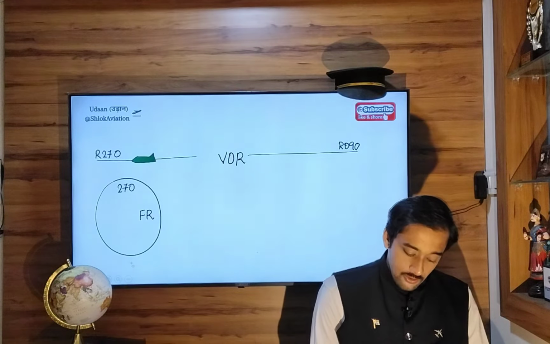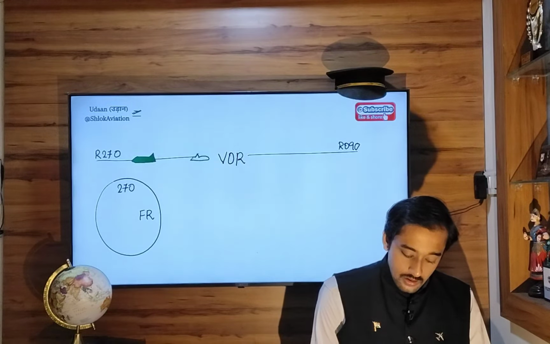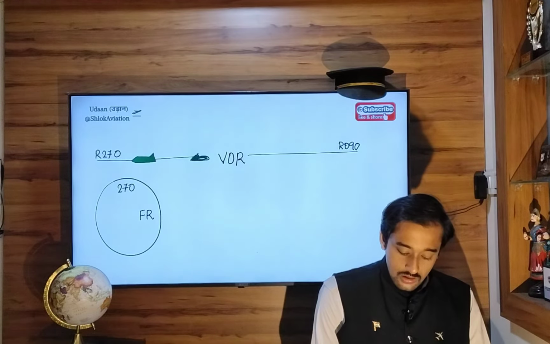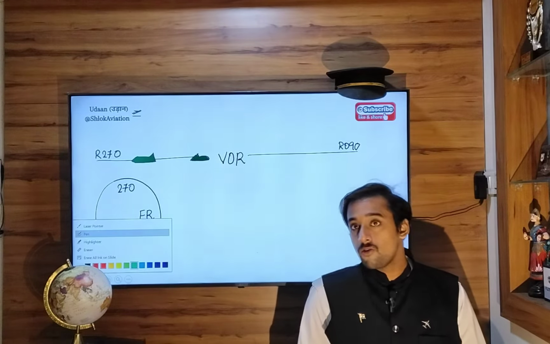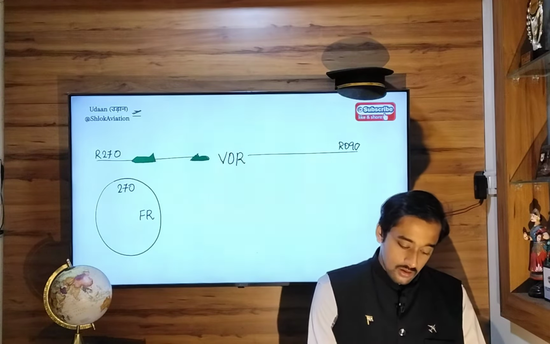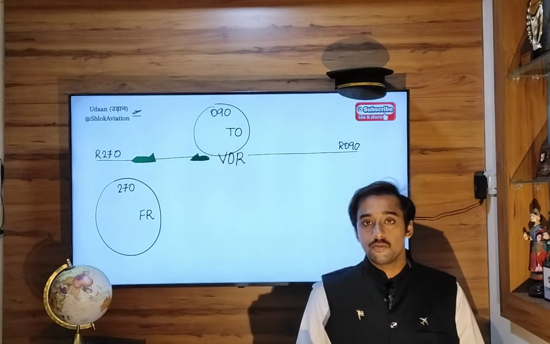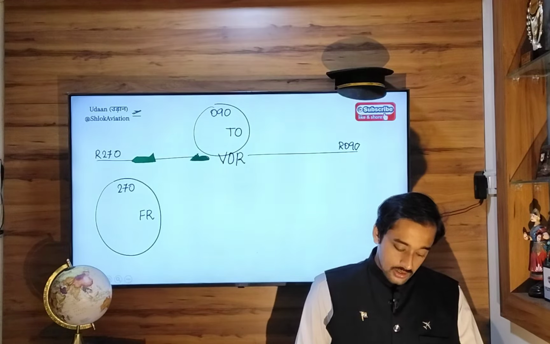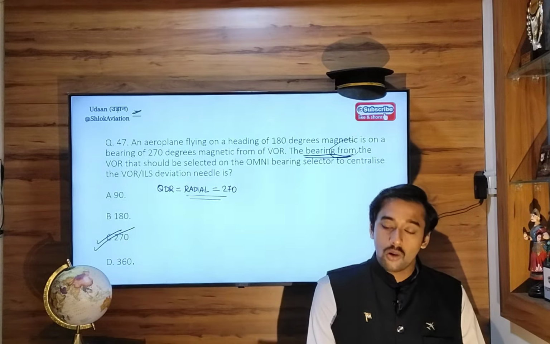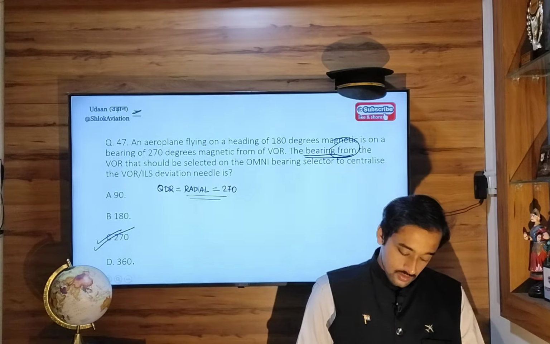And in case you fly inbound, an OBS setting of 090 with a TO indication. Okay, so now here you are going from, so 270.